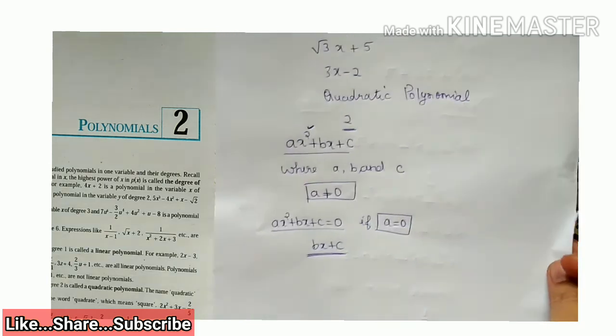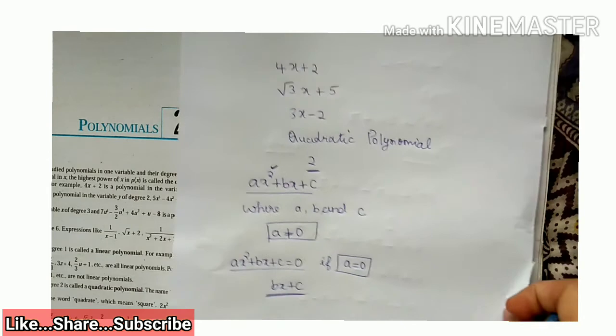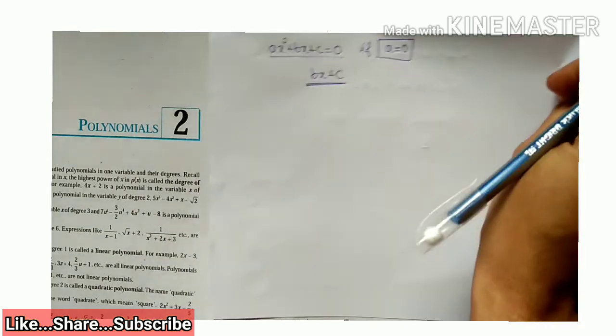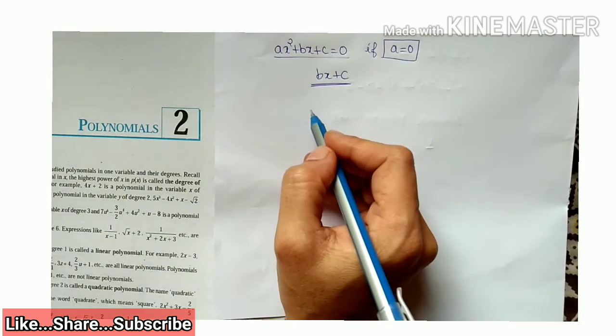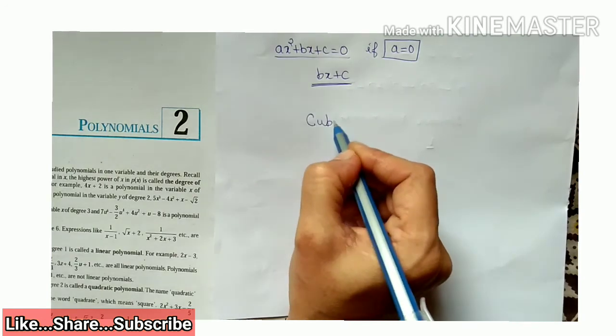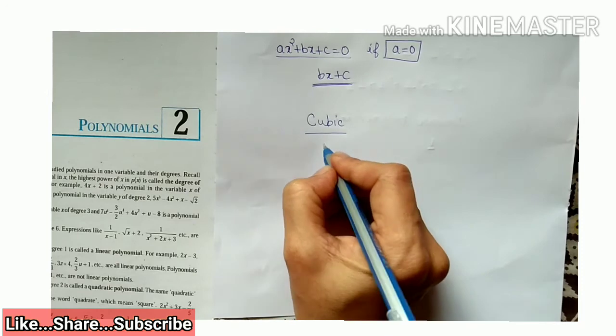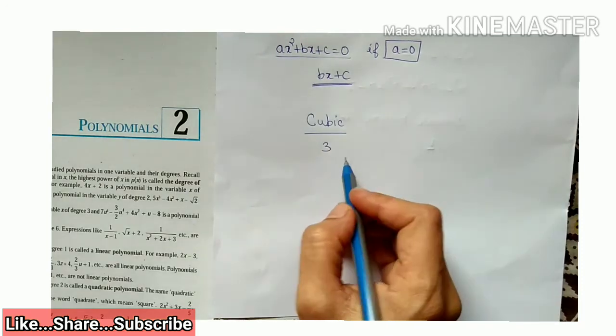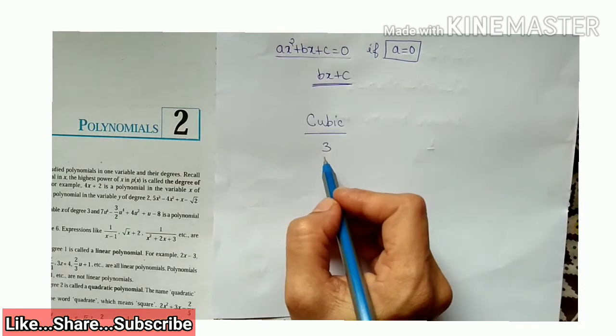Next type of polynomial is cubic polynomial. If the degree of polynomial is 3, then it is called cubic polynomial.